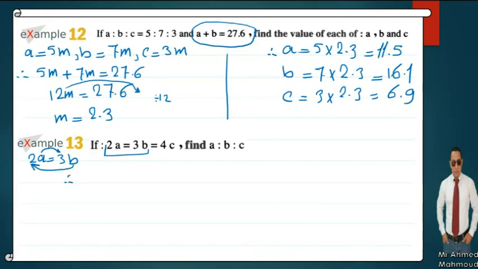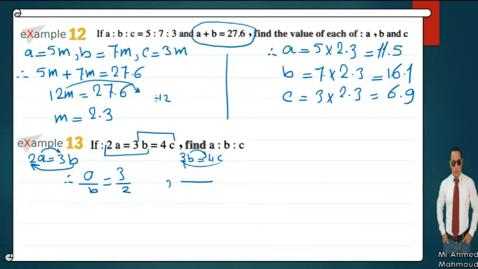Therefore, a over b equals 3 over 2. And the other one, 3b equals 4c from here. Then b takes 4, c takes 3.